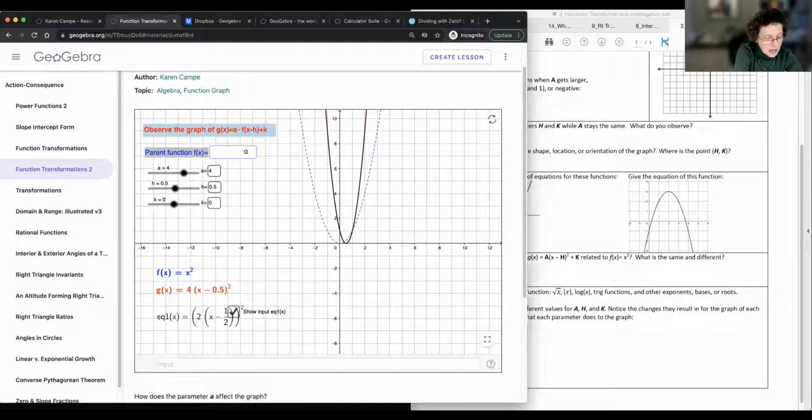The idea of ignoring the b parameter works great for quadratics.